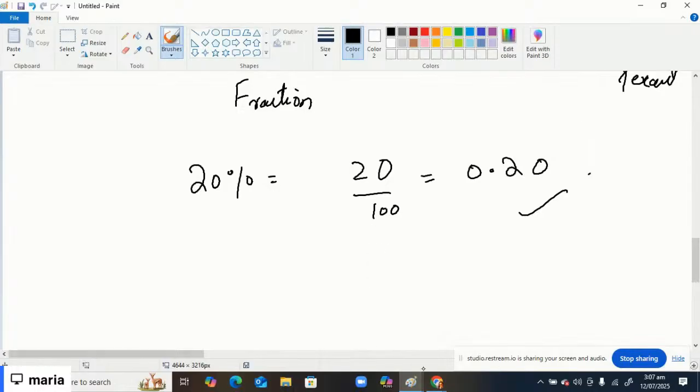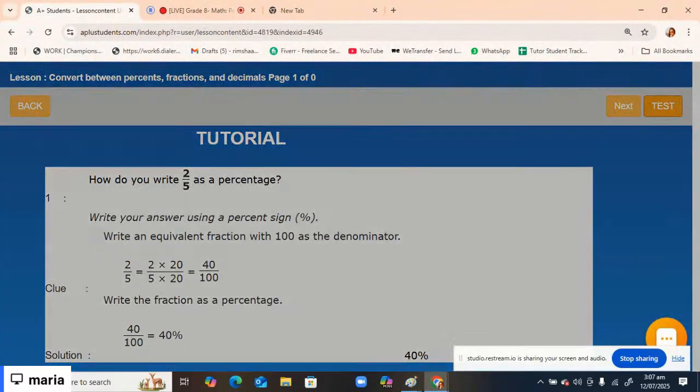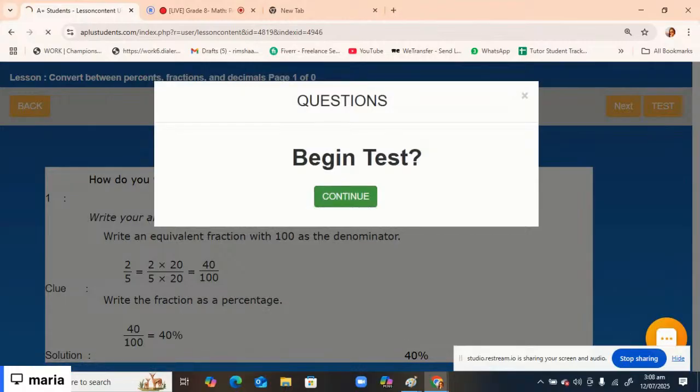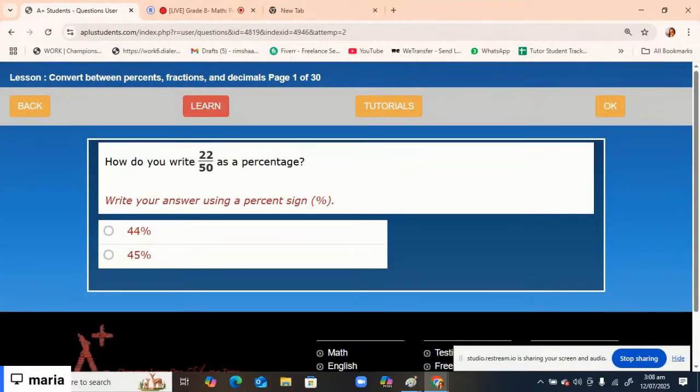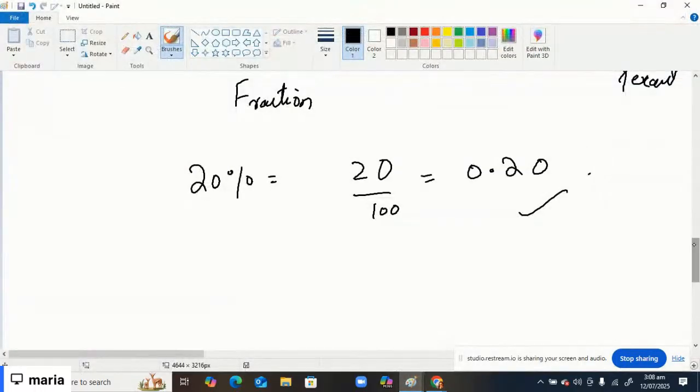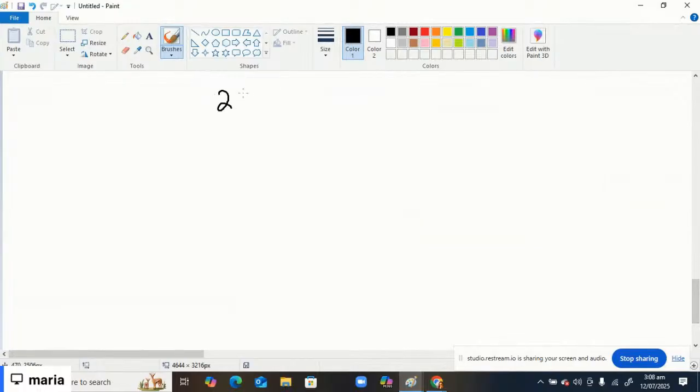Let's do some test questions. How do you write 22 by 50 as a percentage? This is 22 over 50. For a percentage, first of all, we make the denominator 100. So 50 times 2 is 100.